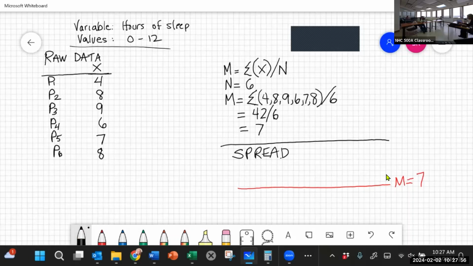So here we have this 4. We have an 8. I'm just writing these scores as they relate to the mean. Here's our 8, it's higher than the mean. Here's our 9, it's higher than the mean. Here's our 6, it's a little bit lower than the mean. Here's our 7, it's a little higher than the mean. Here's another 8.